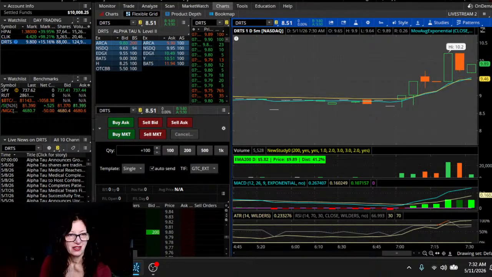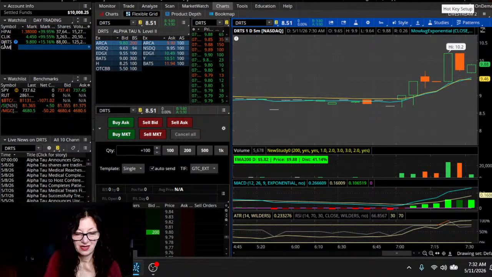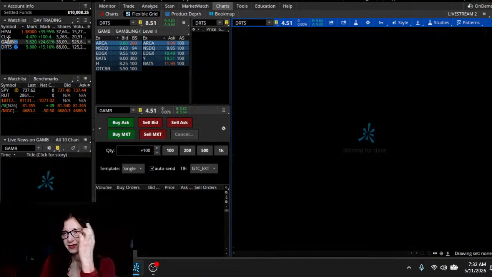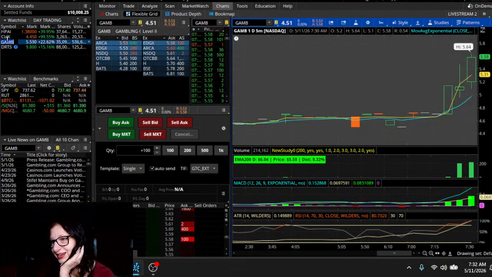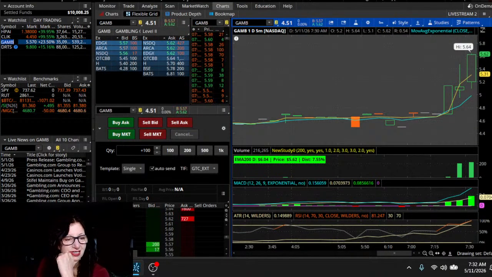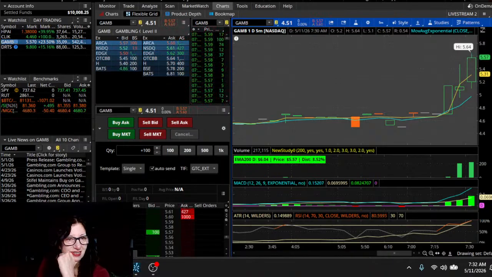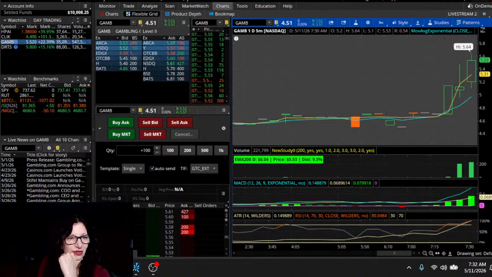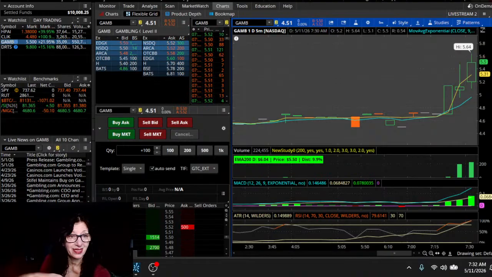But GAMB. Look at that one. Okay, let's see. It says the price is under $10. The float's a little over 20 million. That's fine. Relative volume and the gap are good.